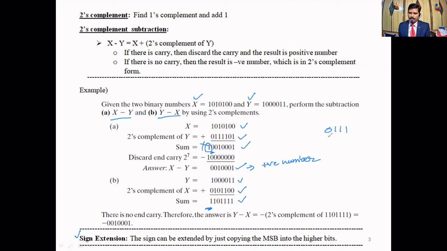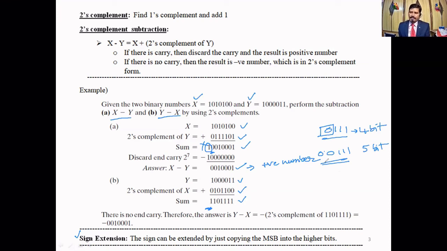This is a 4-bit number. If you want to convert to 5-bit, then whatever this MSB is, you just copy. So 0, 0, 1, 1, 1, that's all. The value will not be changed. Okay.